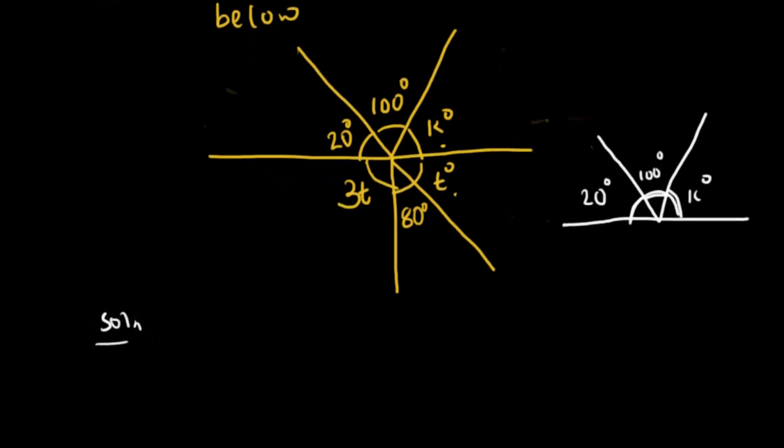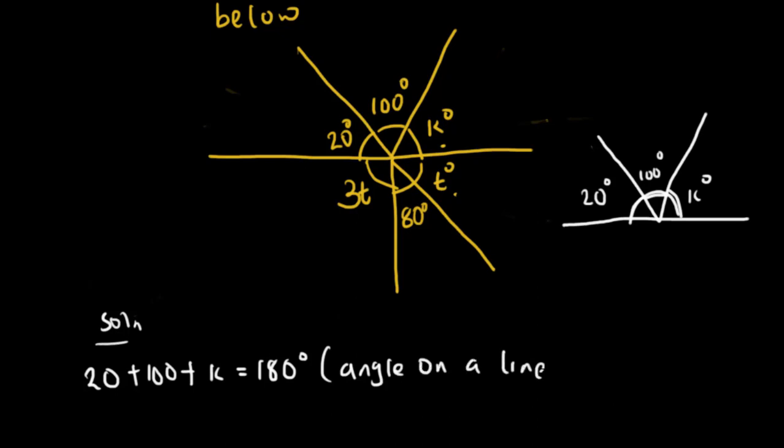So we'll have 20 plus 100 plus K equals 180 degrees. What's the reason for this? Angles on a line sum up to 180 degrees. Do you understand? 20 plus 100 will give us 120.